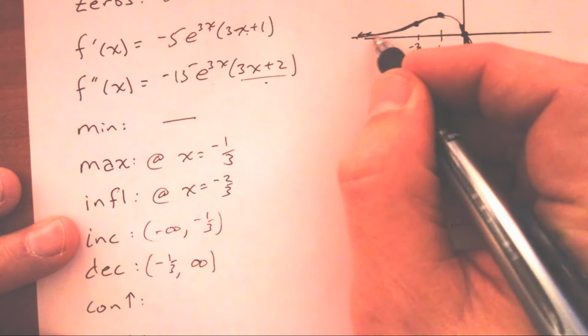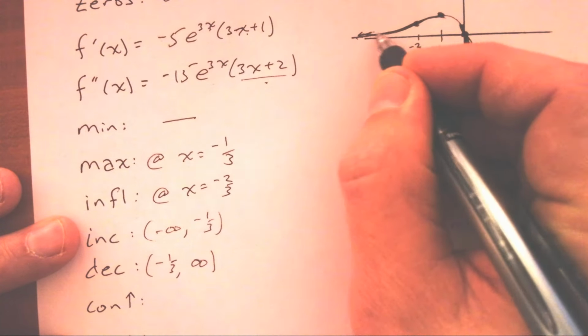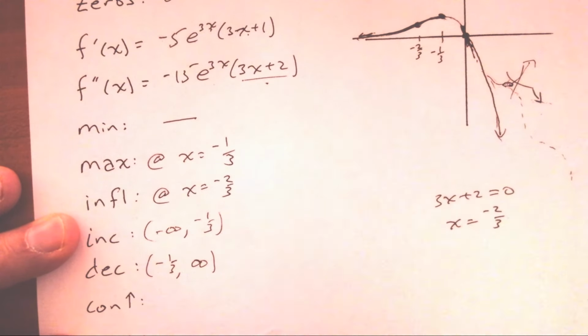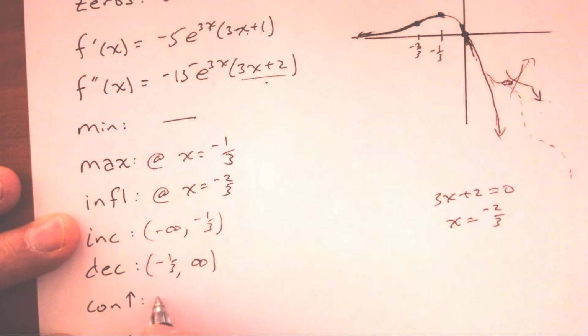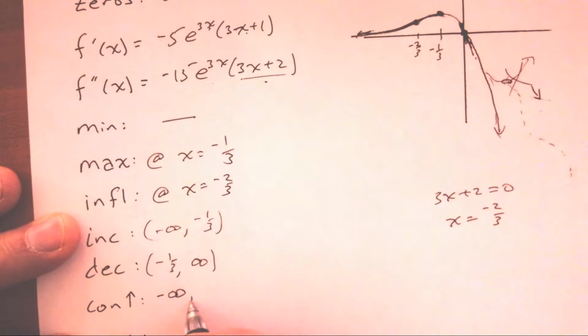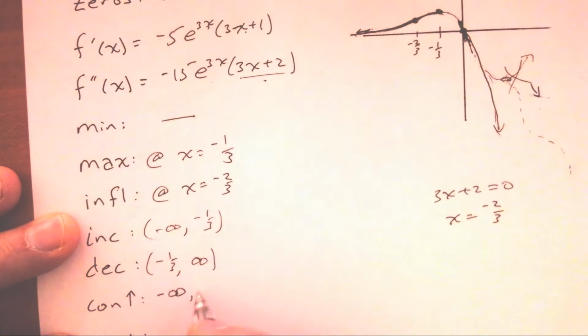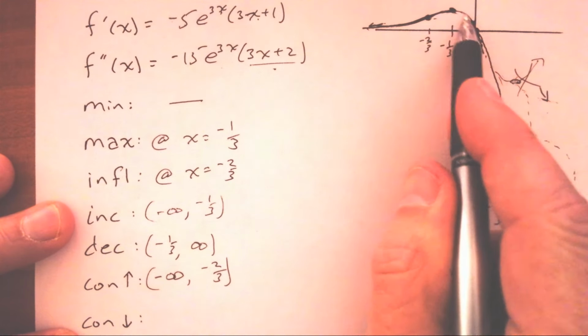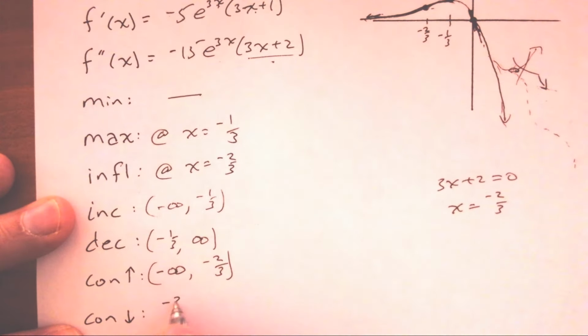So we are cupping up, followed by cupping down forevermore. We're concave up from negative infinity until I get over to negative 2/3, and we're concave down from negative 2/3 to infinity.